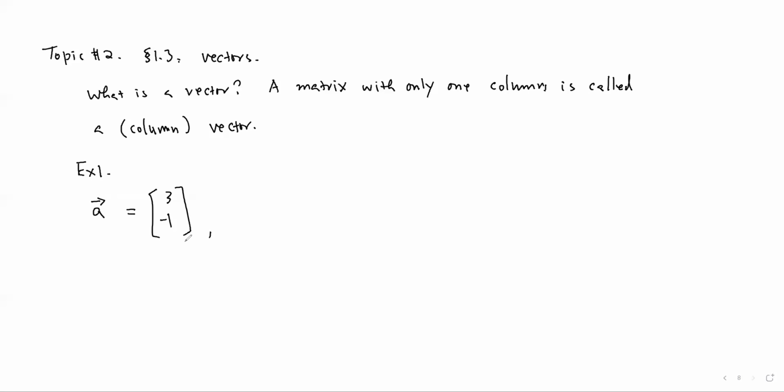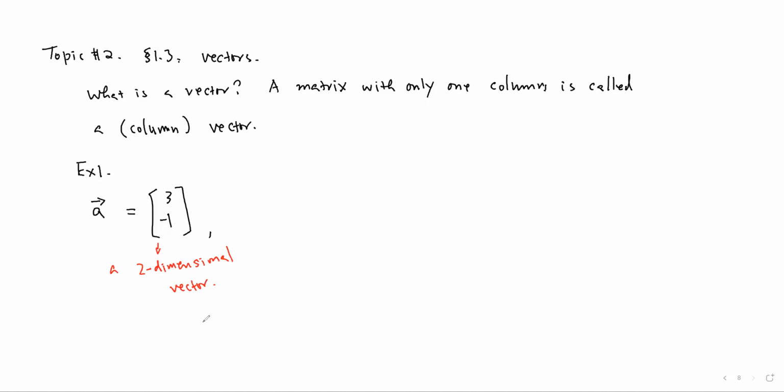This vector has 2 entries. So usually people call this a 2-dimensional vector, because the vector contains 2 entries.